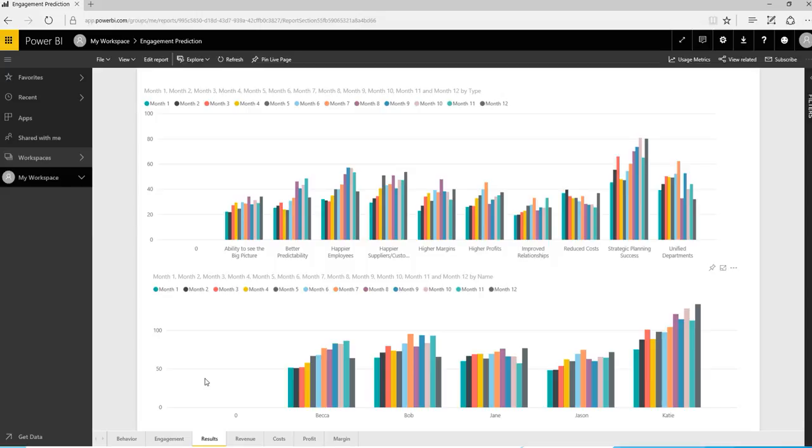Our strategic planning is more successful, and we see why we're able to implement all those changes. Our department is unified. Our company is unified. People want to come work for us. People want to be a part of this, and that's really what we're trying to get here: not just can we get the job done, but can we do it and be happy about it and make sure that all of our employees are engaged.